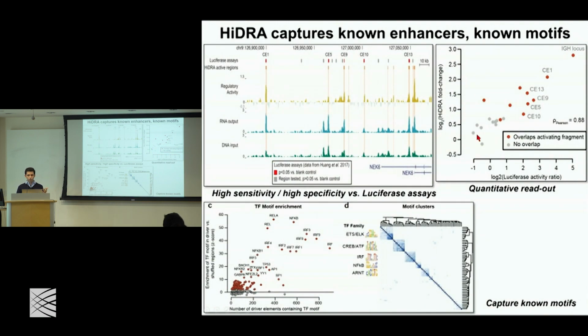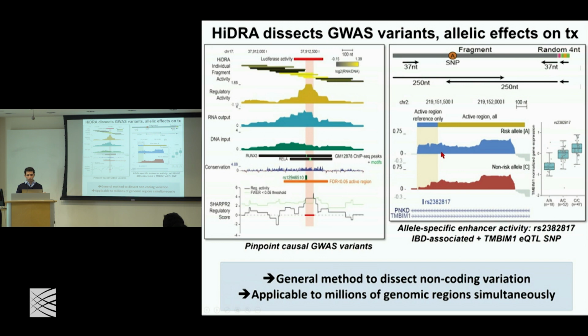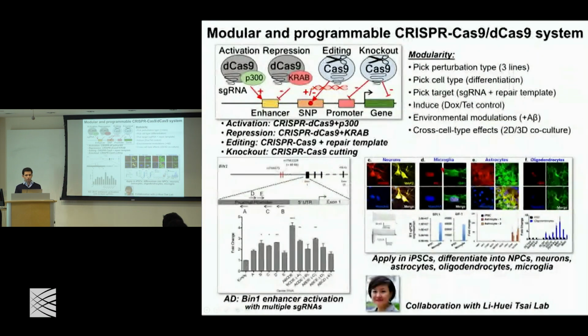And then that allows us to now start mapping these GWAS regions to very high resolution in specific nucleotides that are predicted to be affected, and even measuring allelic activity in these regions. We are now using these programmable CRISPR-Cas9 constructs in collaboration with Li Hui Tsai to edit individual genes or promoter regions, to edit individual SNPs, and to also turn on or turn off enhancer regions by recruiting activators or repressors within them.